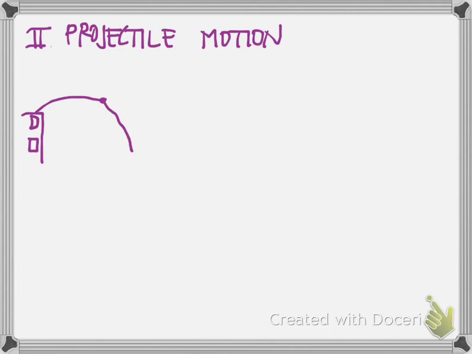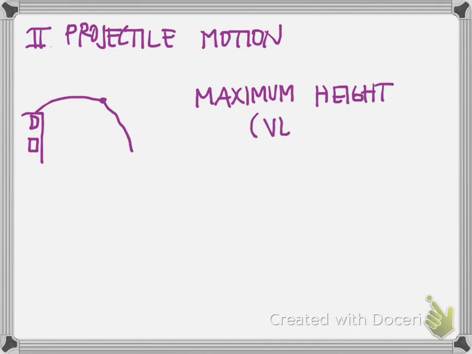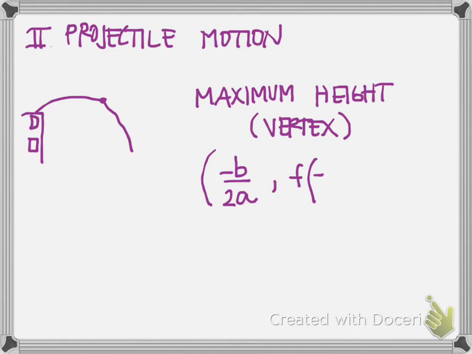And anytime that you want to find its maximum height, that is considered your vertex. So the maximum height would be your vertex. Okay, so remember it would be negative b over 2a, and then the function evaluated at negative b over 2a.